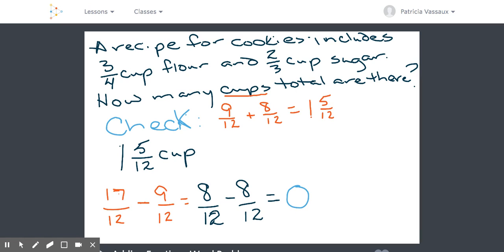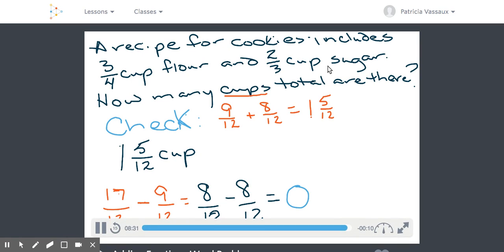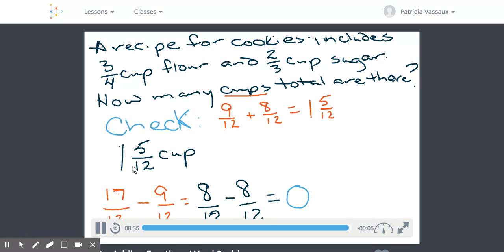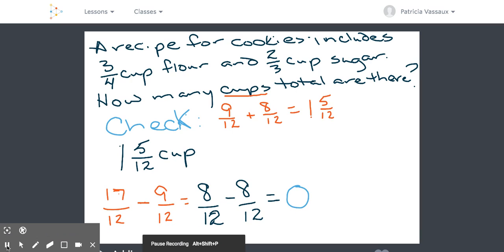Then subtract the next addend: 8/12 minus 8/12 equals 0, which is the answer we're looking for in a check. So our answer is reasonable, and it is expressed in a logical manner. And we've checked to make sure that our calculations were correct. Good job.